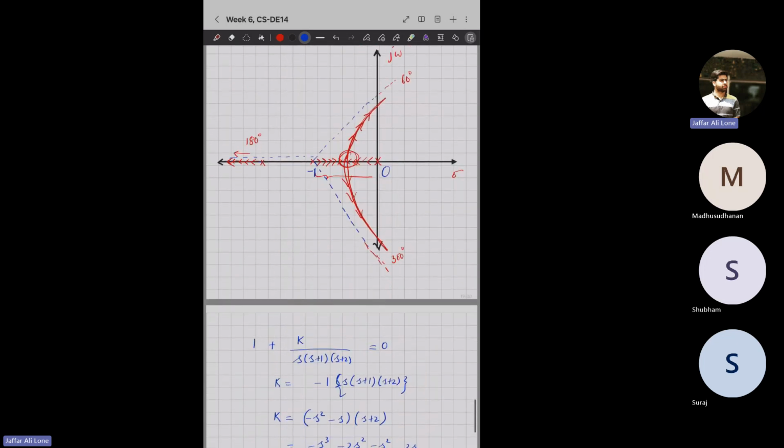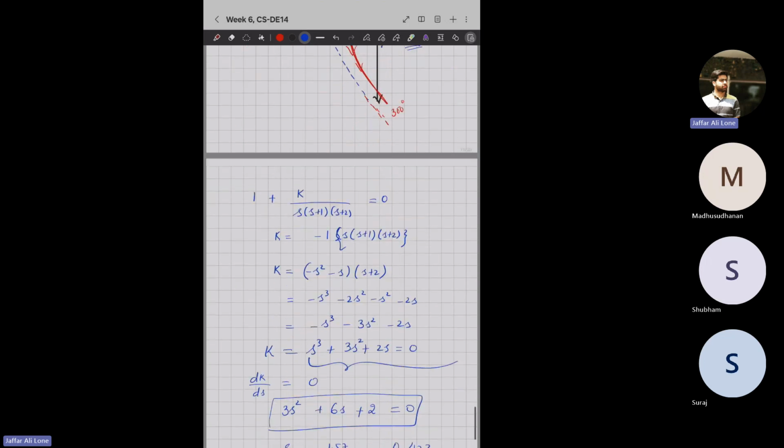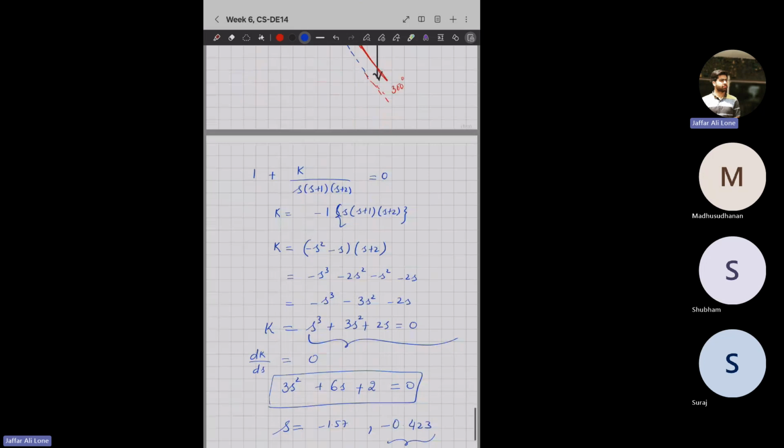So this point here, sometimes you are asked, find the value of this breakaway point. So it is minus 0.423. What you have to do, just find the expression for k, differentiate that with respect to s, put it equal to 0, and find the value of s. From that, identify the proper candidate. I hope things are now slightly clear.